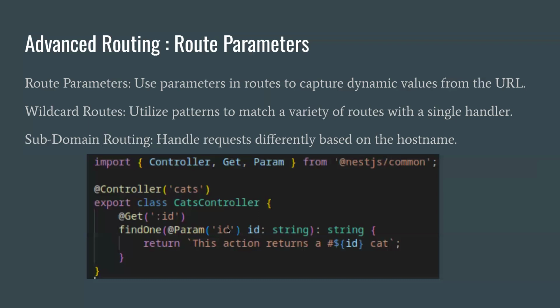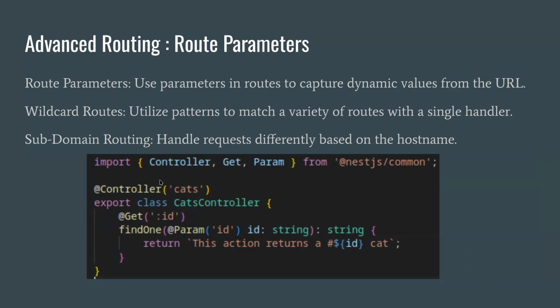Wildcard routes allow you to handle multiple routes using a single handler, and subdomain routing can serve different parts of your application under different subdomains, all within the same application architecture. These features give you the flexibility to design your app's URL structure in a customizable way.